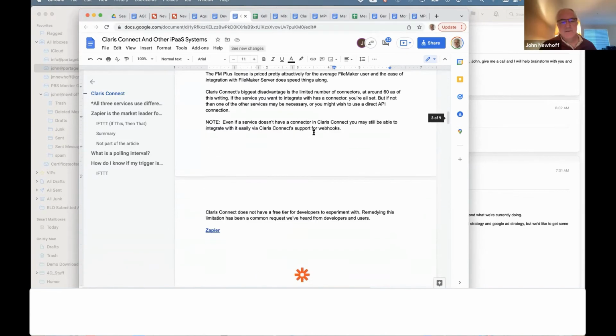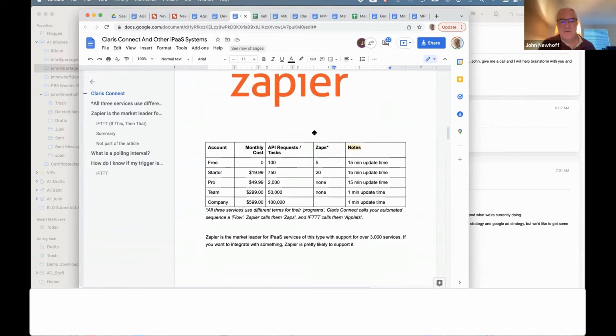I think that's a reasonable guess at what's going on here. I didn't put it in here, but the Integromat pricing isn't all that different than what we're looking at here as well. I think obviously each of these vendors is looking at the competitive landscape and deciding where to slot themselves in. And I think you're right. Probably Zapier has a lot more influence over that than some of the other vendors do.